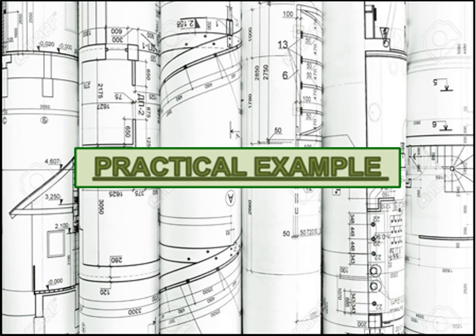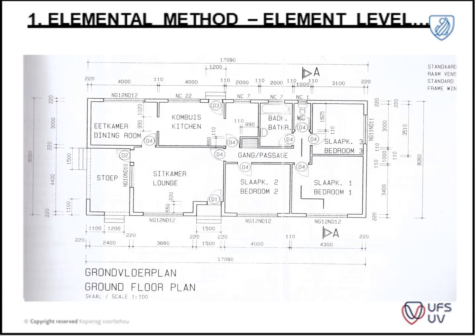So just looking at a practical example, we've got a very simple ground floor of an office building or of a house, where we've got a lounge, a bedroom, one, two, three bedrooms, and then a dining room and a kitchen with one bathroom and a WC on the side.